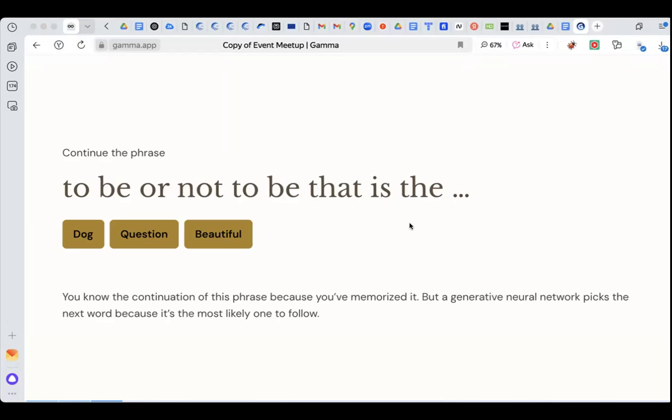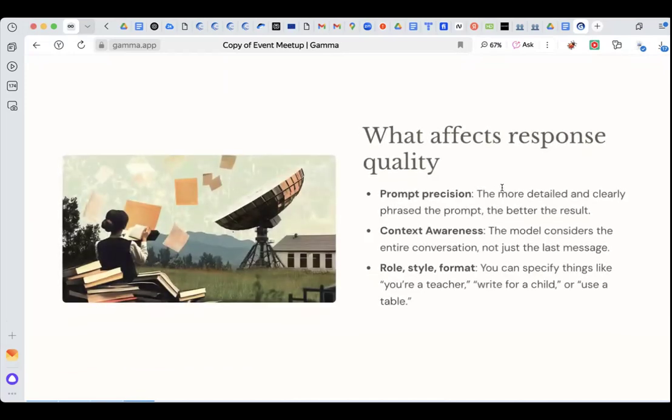So, next slide, please. If we are trying to interact with AI and create some text or educational materials with it, what affects response quality? First of all, the more detailed and clearly phrased your prompt, the better the result will be.